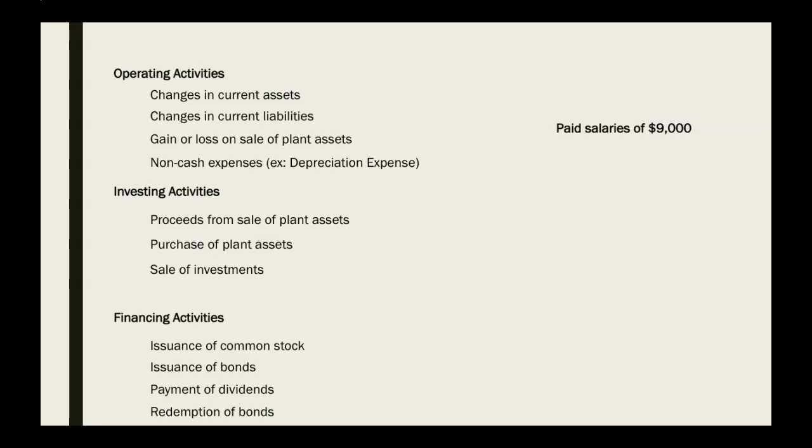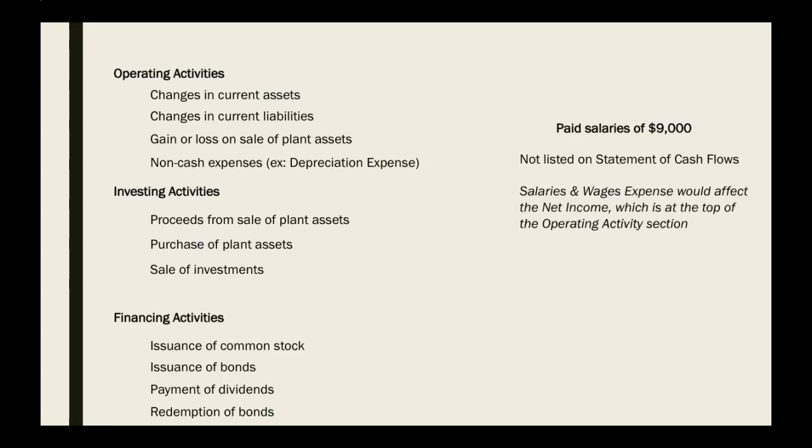Now, paid salaries of $9,000. This one's a little tricky. So, this is not listed on the statement of cash flows. And why is that? Because your salaries and wages expense would have already affected your net income, which is at the top of the operating activity section.